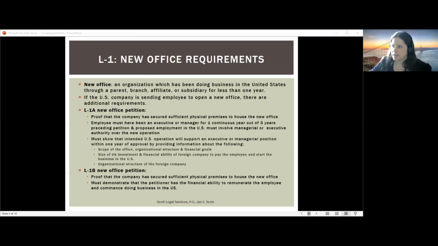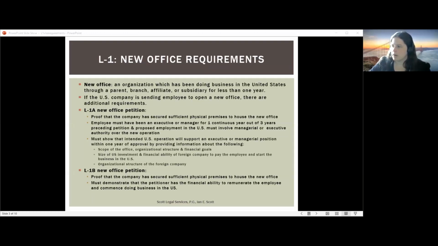For an L-1B new office petition, you have to provide proof that the company has secured sufficient physical premises to house the new office, and that the petitioner has the financial ability to remunerate the employee and commence doing business in the U.S. It's much more common, I think, for companies to send over a manager or executive, and because of that, there's a few more requirements.